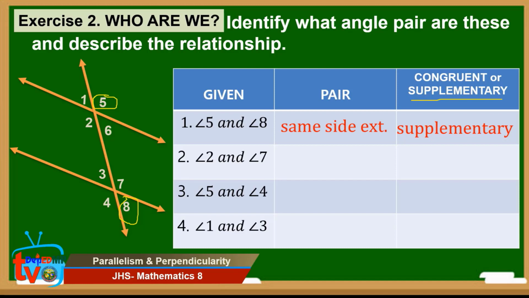What pair is angle 2 and angle 7? They are alternate interior. What's the relationship? They are congruent. What about angle 5 and angle 4?